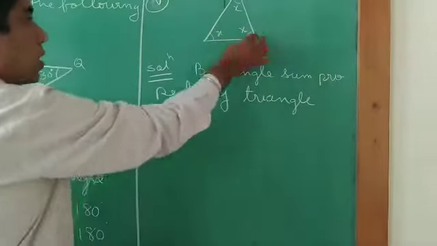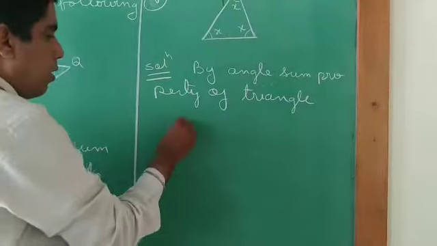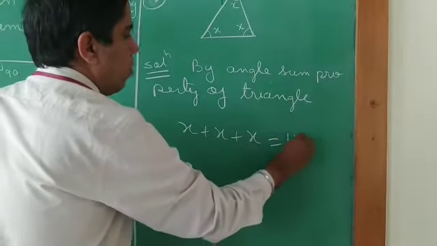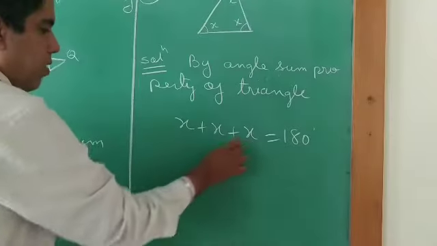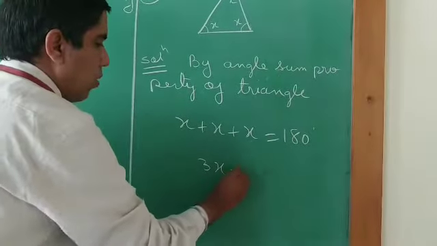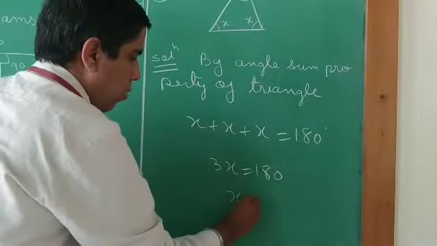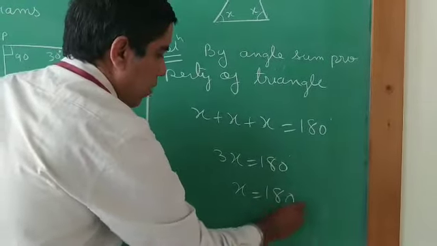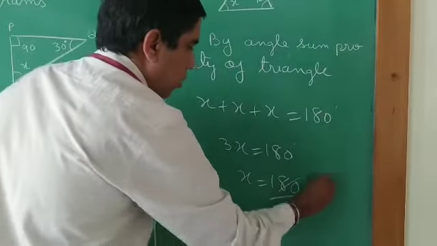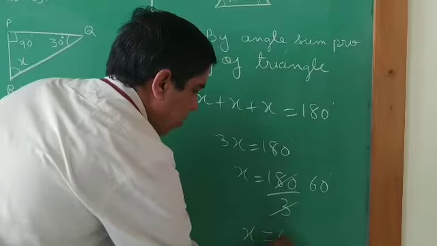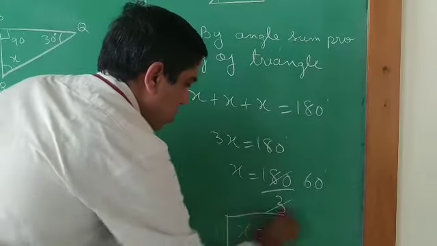Here the vertex names are not given, so I am directly writing x plus x plus x equal to 180. x plus x plus x is 3x equal to 180. Now x equal to 180 divided by 3. It comes to 60 degrees. Therefore x is equal to 60 degrees is the answer.